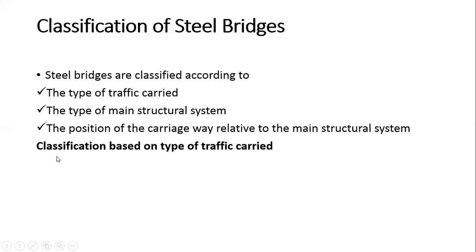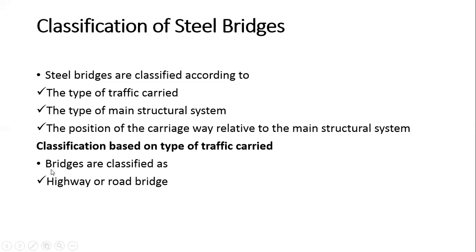So let us first discuss classification based on the type of traffic carried by the bridge. First, bridges are classified as highway or road bridges if the traffic is highway. Second is railway or rail bridges.